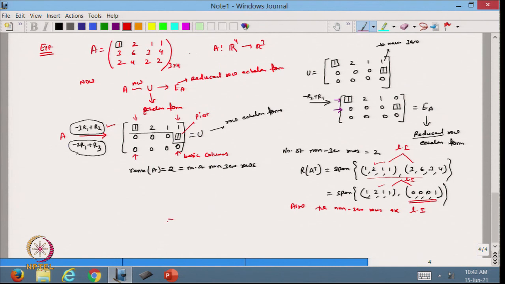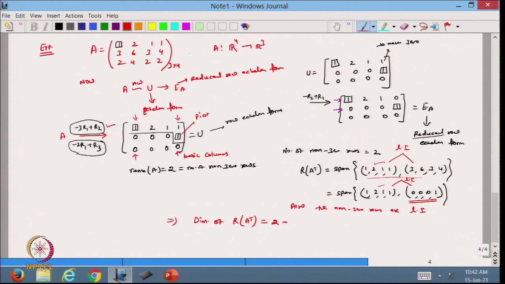And from here I can also say that the dimension of the range space of A transpose is equal to the number of linearly independent vectors appearing in this one.